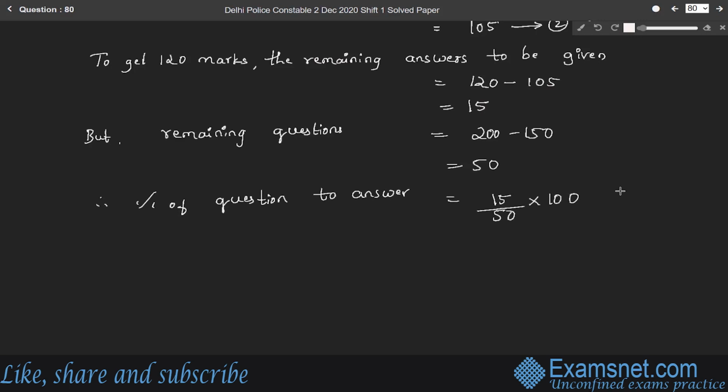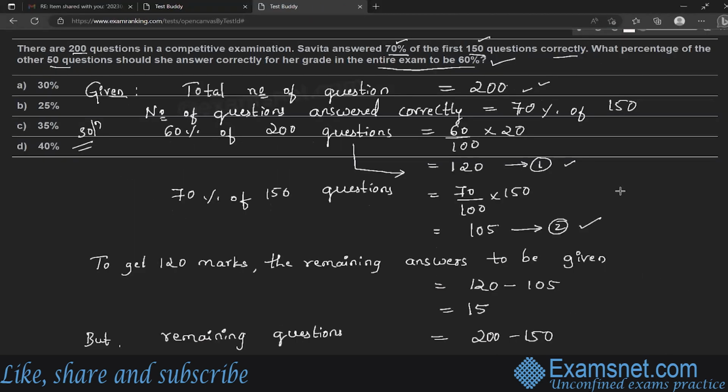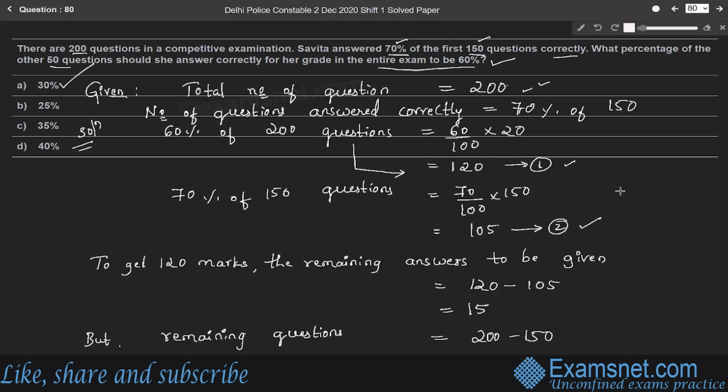Therefore, for 100 questions, she has to answer 30 to get 60%. Therefore, the answer is Savita must answer 30% of the remaining questions to secure 60%. The answer is option A, 30%.